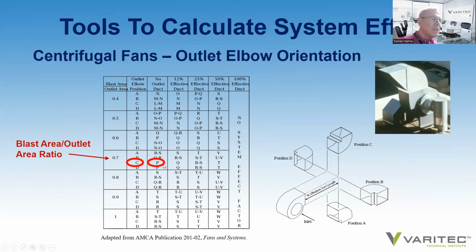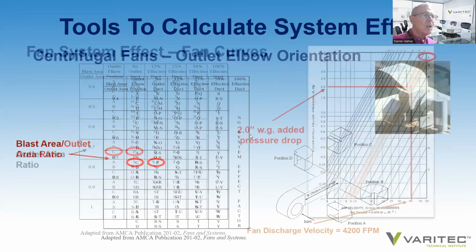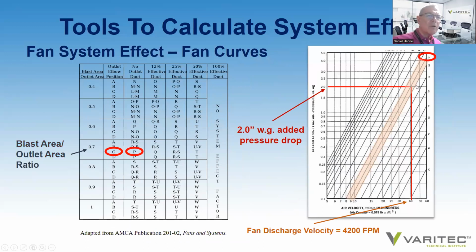That means that to assess the static pressure gain or the fan system effect, we would want to apply system effect fan curve P. Looking at system effect fan curve P, at a fan that has a discharge air velocity of 4,200 feet per minute, where that vertical line intersects with system effect fan curve P, and we draw a horizontal line over to the static pressure gain, at those conditions and that duct configuration, that system effect is equal to 2 inches of static pressure, which is significant.